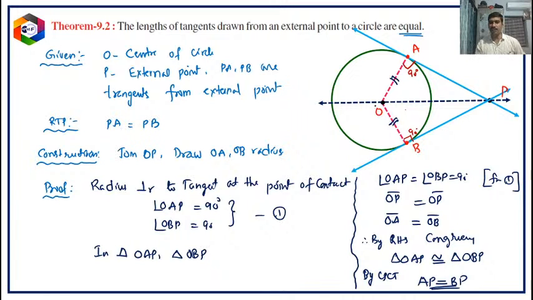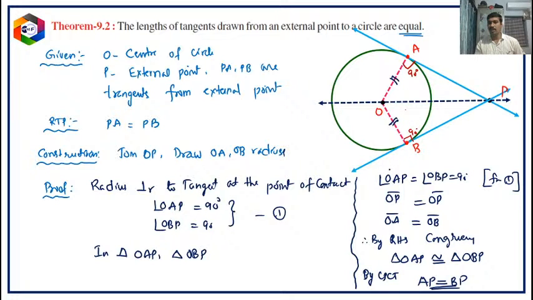What construction we did is we joined OP and drew OA, OB. That is not perpendiculars, we have radii drawn. Now the first point is radius is perpendicular to tangent at the point of contact. This is a known theorem. Then angle OAP is 90 degrees, angle OBP is also 90 degrees. Now I am going to consider the two triangles.